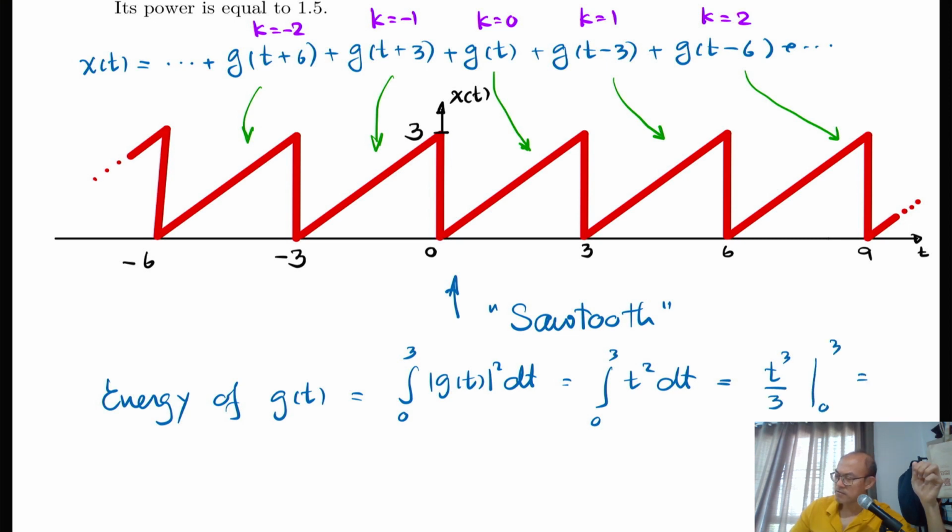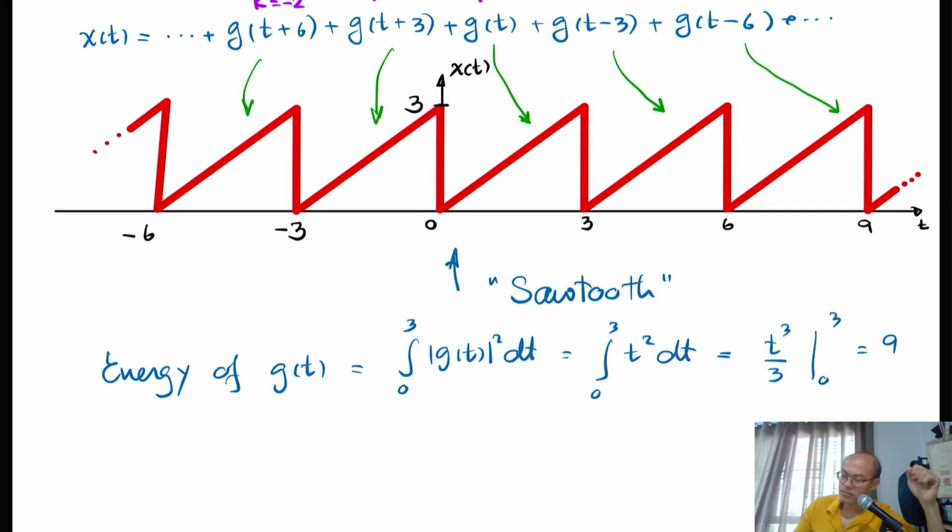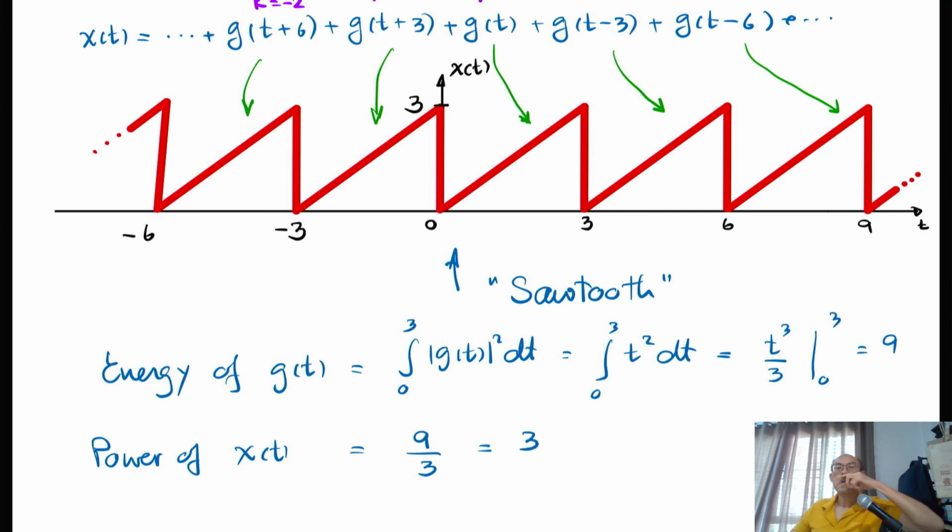That is 9. Okay, that is 9. And so the power of x is just 9 over 3, which is 3. And x is periodic.